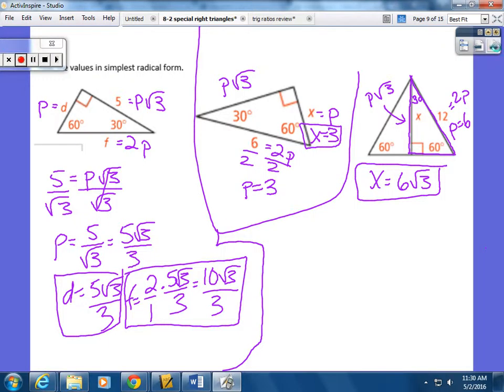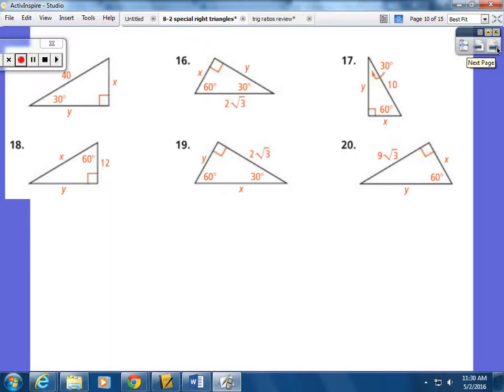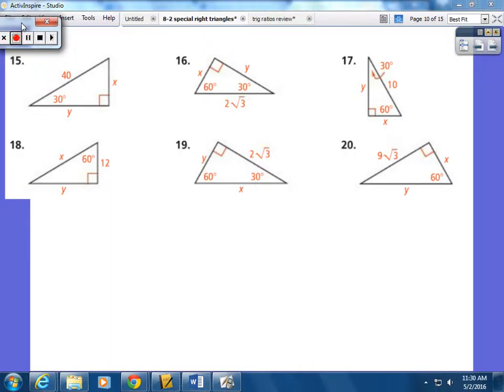And then we have a couple practice problems. I'm going to have you do 15, 17, and 19. So number 15, I have the hypotenuse, so I have 2p, short leg, long leg. So if 2p is 40, p has to be 20.